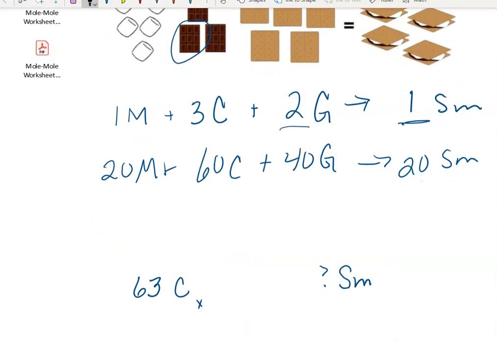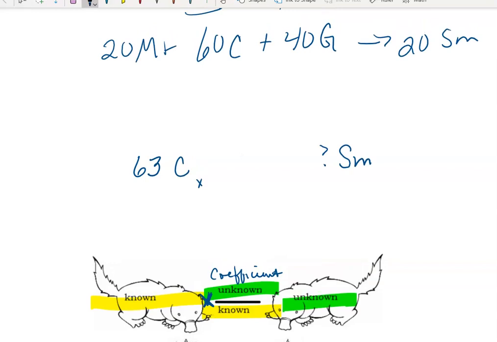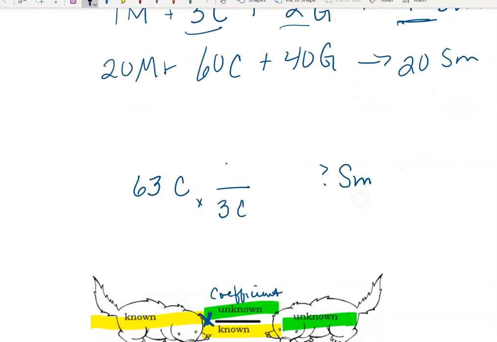What's my ratio of chocolate to s'mores? Well, that ratio is 3 to 1. But chocolate is my known. So I'm going to put chocolate on the bottom of my equation. And on the top, I'm going to put, it takes 3 pieces to make 1 s'more. Now I can cancel chocolate out.